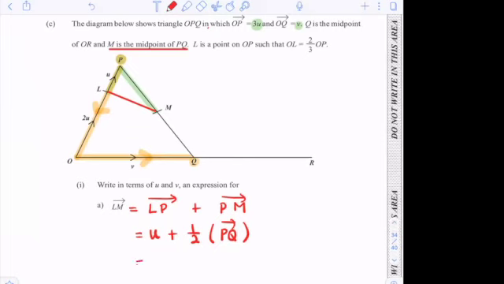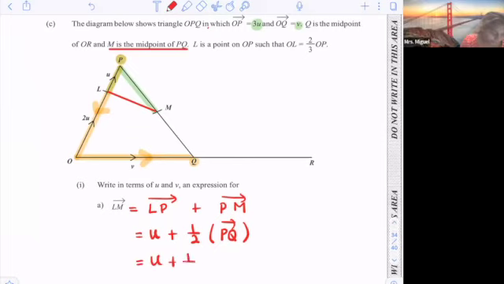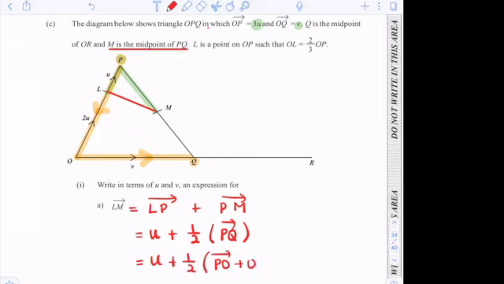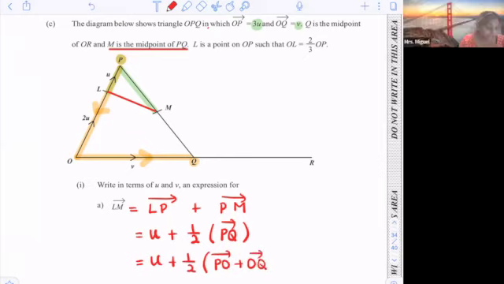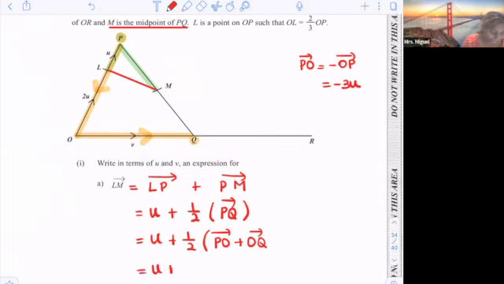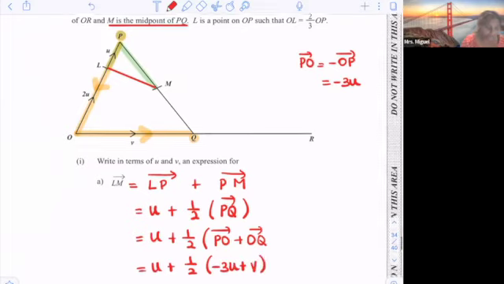So u plus a half of PO plus OQ. PO, we're going in the opposite direction, so PO is negative OP, and OP is 3u, so this is negative 3u. And OQ is the vector v.